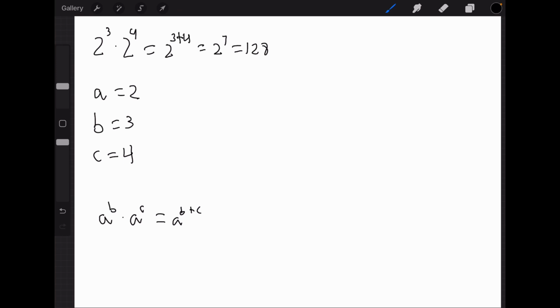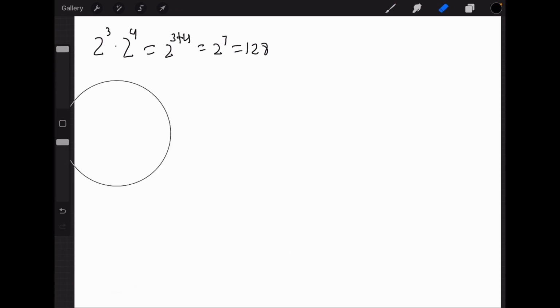Next question. Two to the power of 4 over 2 squared. Now let's organize this into A, B, and C. A equals 2, B equals 4, and C equals 2.